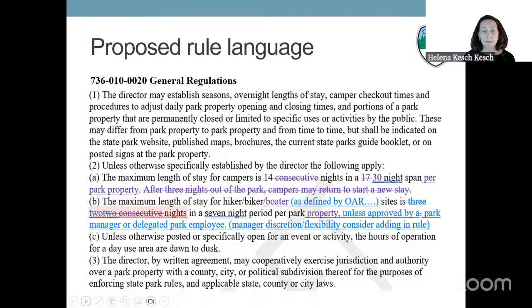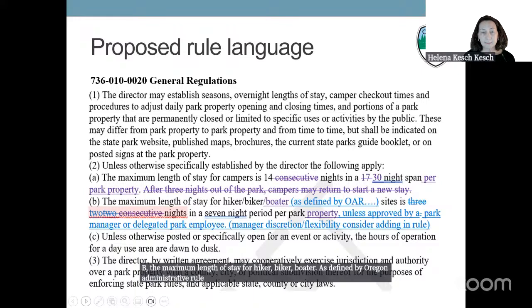B, the maximum length of stay for hiker, biker, boater, as defined by Oregon Administrative Rule, sites is 2 nights in a 7-night period per park property, unless approved by a park manager or delegated park employee. Manager discretion and flexibility is considered.